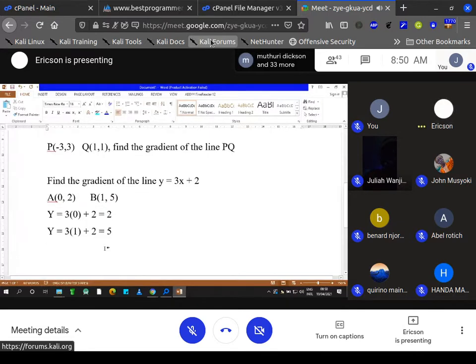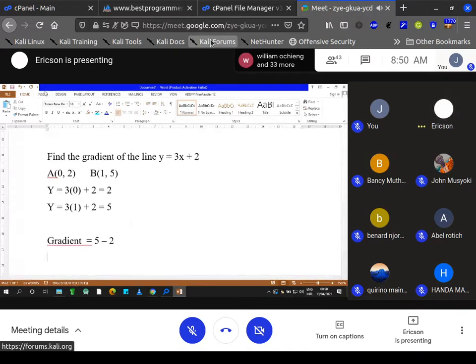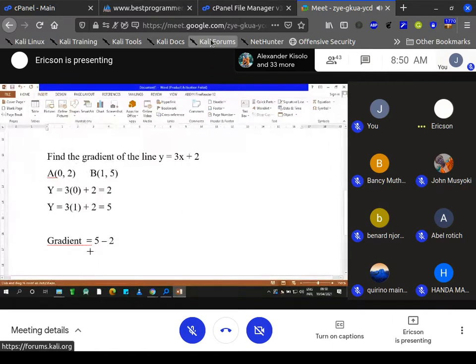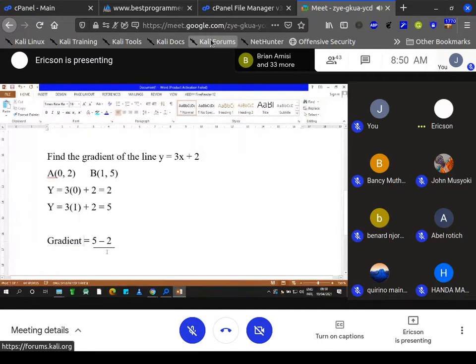So calculating the gradient here will be given by the change in y, we can have 5 minus 2, divided by the change in x, 1 minus 0.